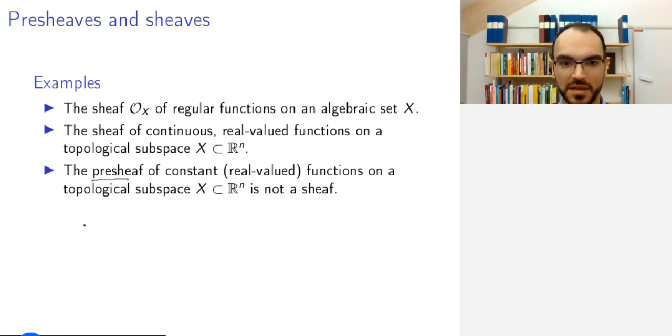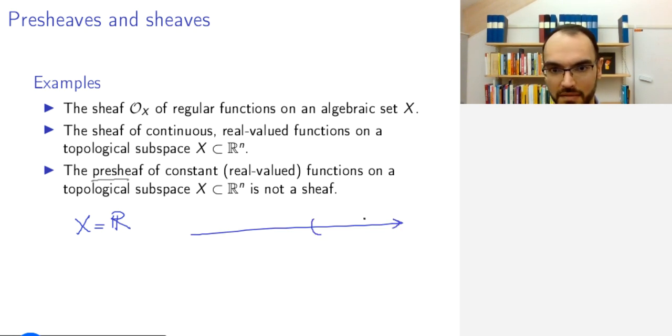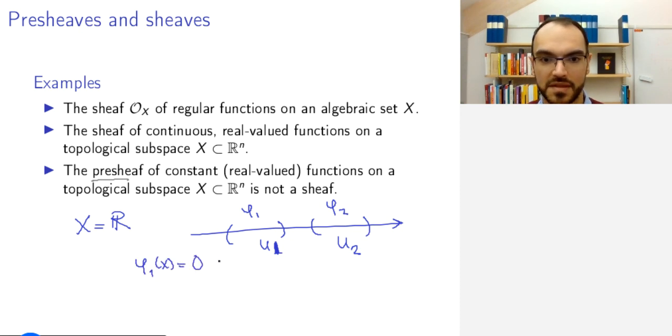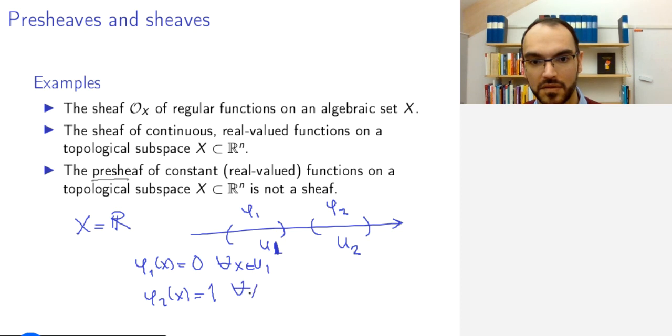So let's take X equals R for simplicity, and let's look at these two disjoint open sets U1 and U2. And so if I have two functions, phi1 and phi2, such that phi1 of x is equal to, say, 0 for all x in U1, and phi2 of x is equal to 1 for all x in U2.